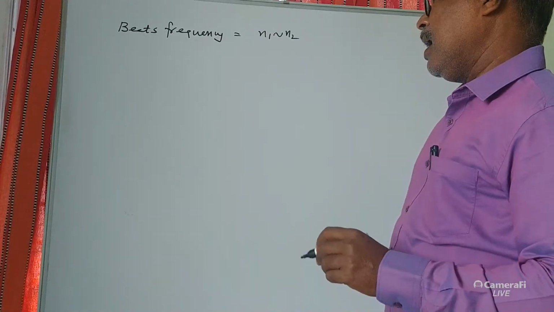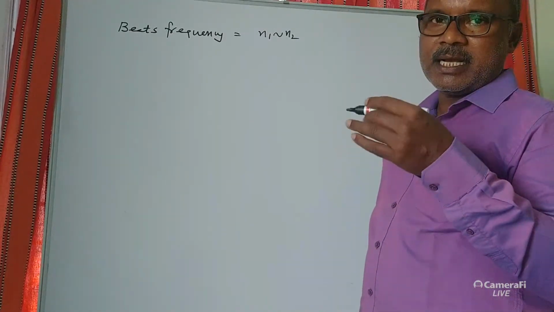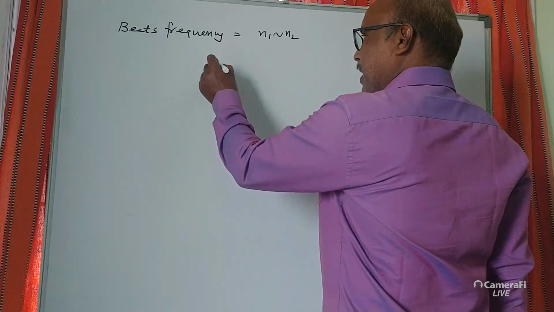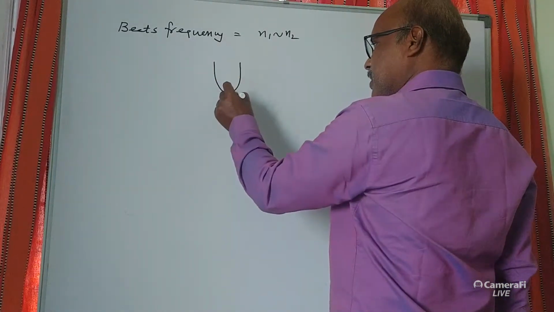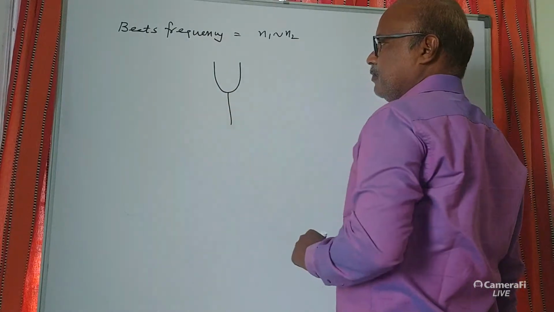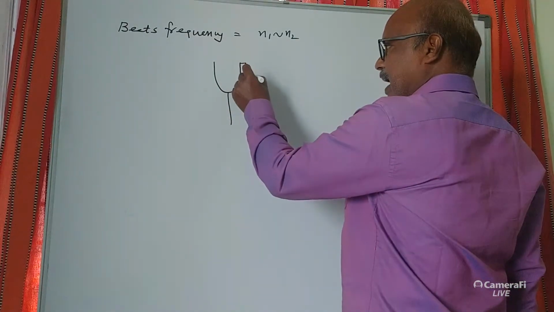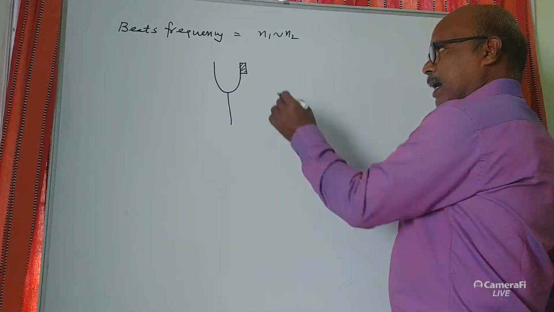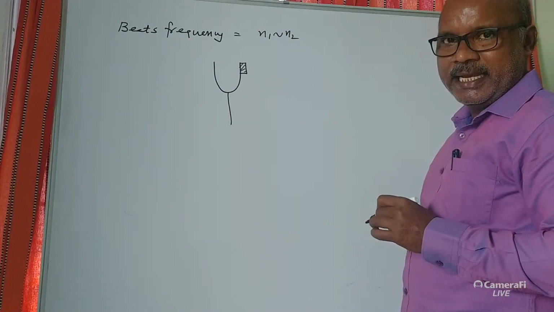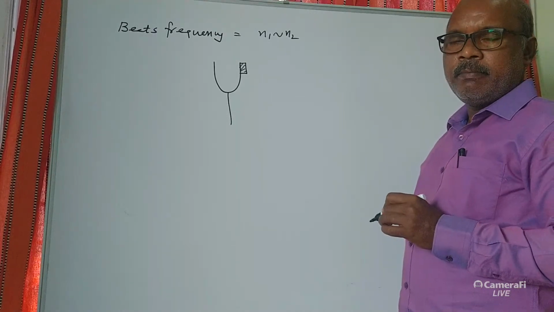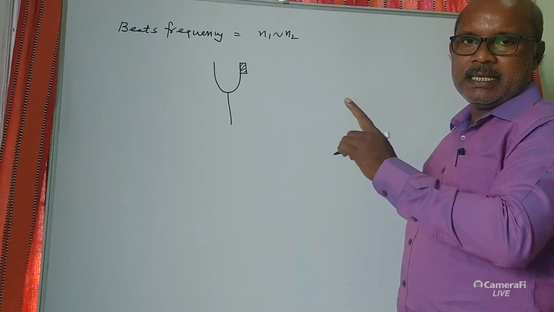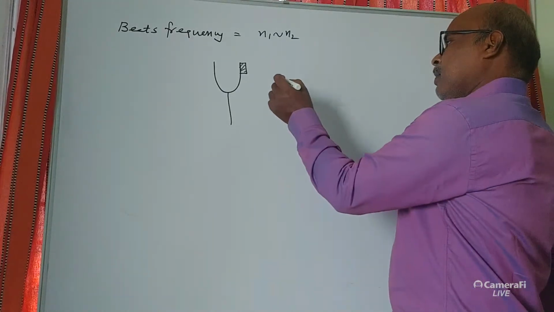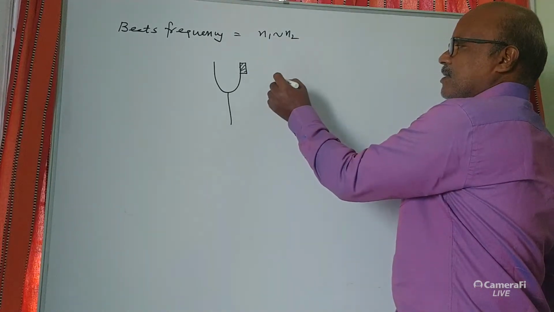For that, already I had given some theoretical concept to you, that keep the 2 points in the mind. When you consider a tuning fork, when it is loaded with wax, the inertia of the tuning fork increases, means it will complete less number of vibrations in a particular time, means its frequency decreases.